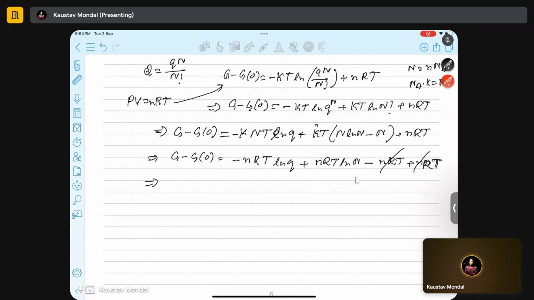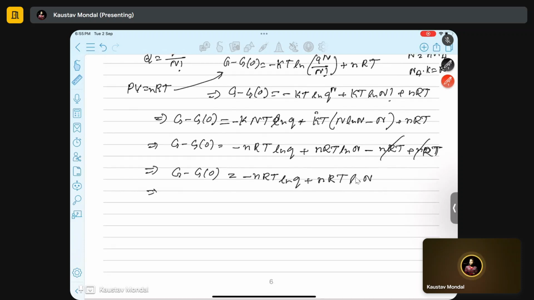Then you can write G minus G0 as equal to minus nRT ln q plus nRT ln N. So now we can take nRT as common, minus nRT, let's suppose.